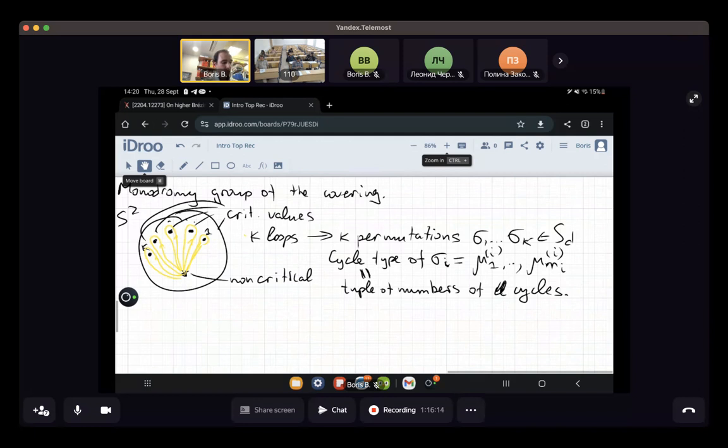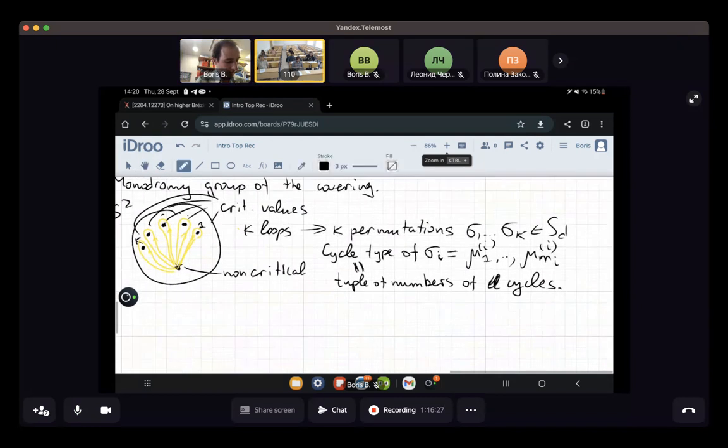And moreover, the product of all these permutations, sigma 1, sigma 2, etc., sigma k, is equal to ID, just because it's a contracted loop on the sphere.